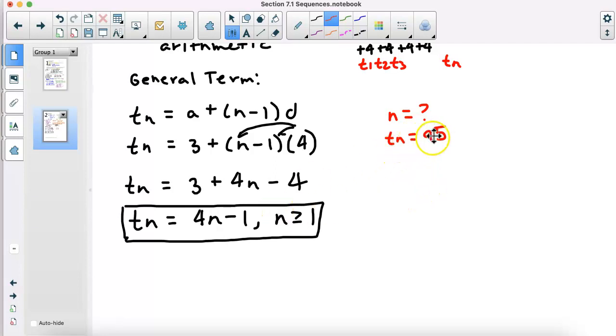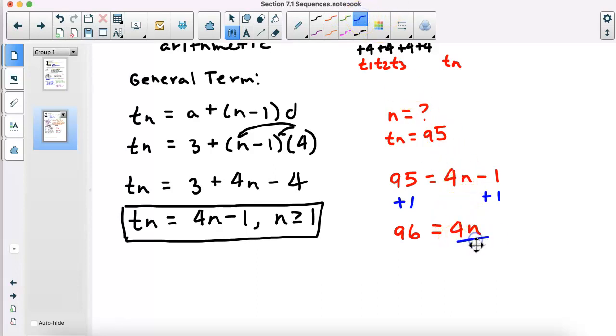So we can substitute this 95 into our general term equation and solve for n. So we have 95 is equal to 4n minus 1. We want to get rid of the 1 from this side, so we add 1 here, add 1 here. We're just isolating for the variable now. So we get 96 is equal to 4n. We divide this by 4 and divide this by 4 so that these cancel, and we are left with n is equal to 24.